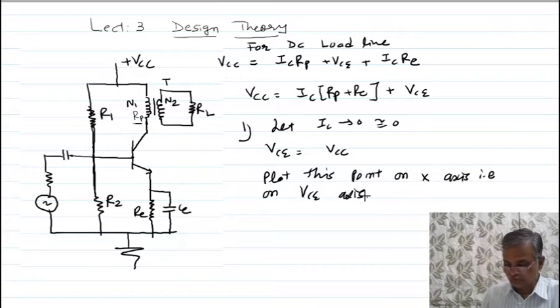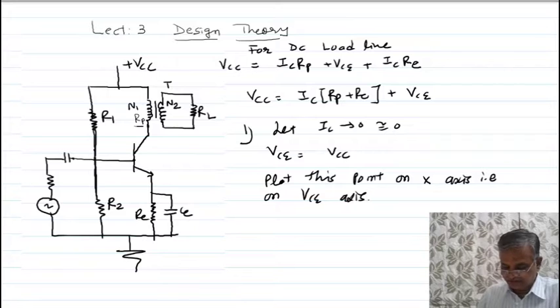See, I'll show you. Look again here. VCC is equal to ICRP plus VCE plus ICRE. Actually I have to write IE, but IE is nearly equal to IC, so I have taken ICRE. Now from this equation I have to draw the line, and a line requires two points.